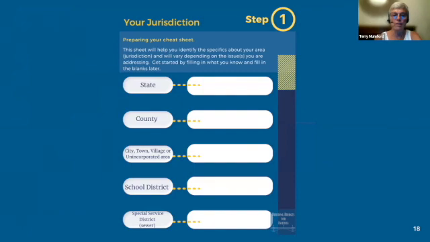Again, it starts easy and then it builds up with maybe some of the more difficult questions as, what school district are they in? Are they in a special service area that they would need to be aware of? So that's step one in the workbook.